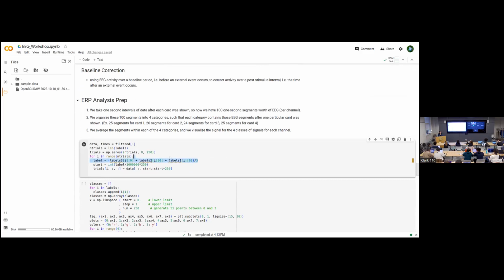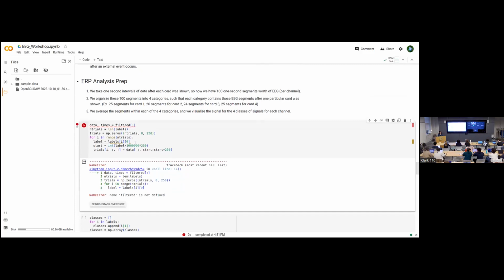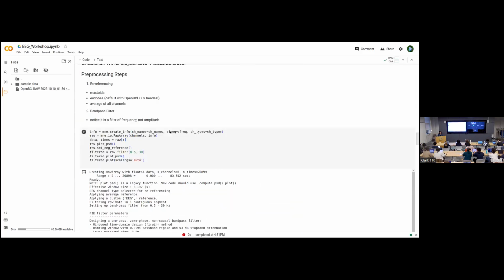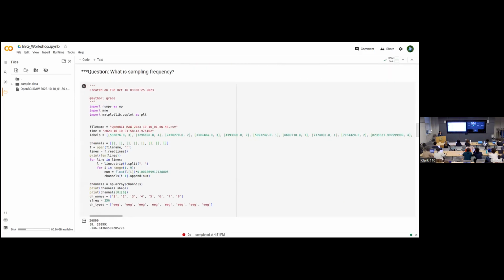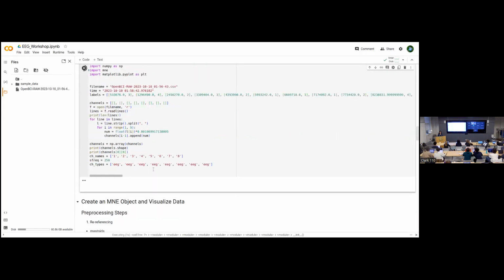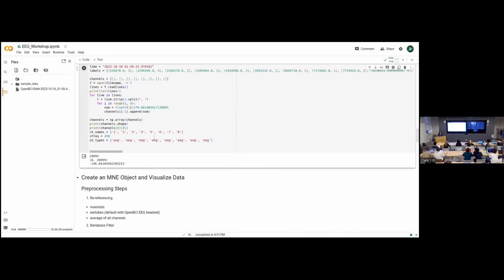Oh, okay, never mind. This is something that I didn't delete. They're not supposed to. Everything should run until the ERP.